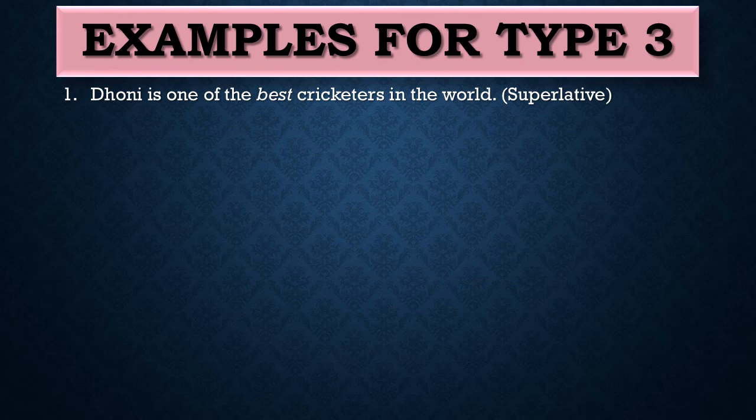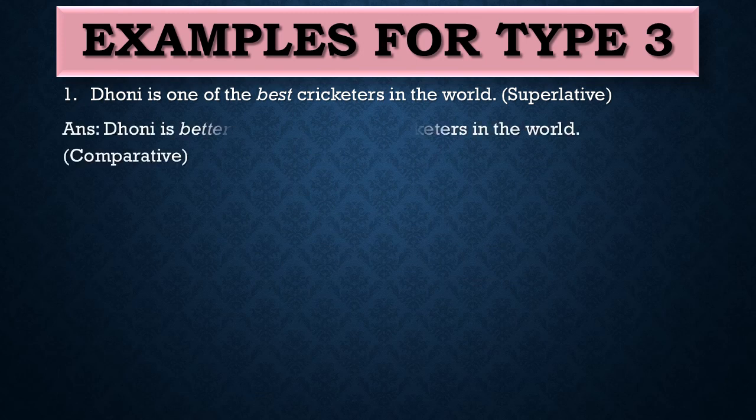The general form is subject plus is plus comparative adjective plus many other, and then cricketers in the world. So the comparative degree sentence will be: Dhoni is better than many other cricketers in the world.